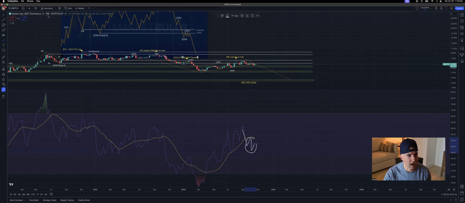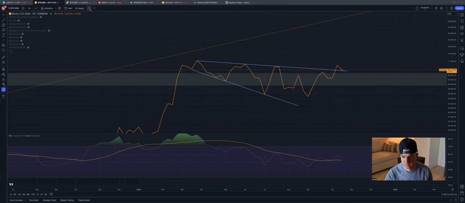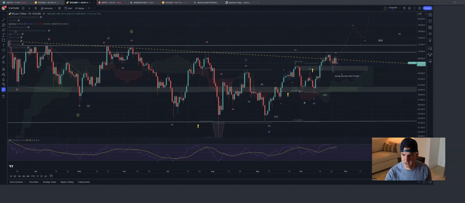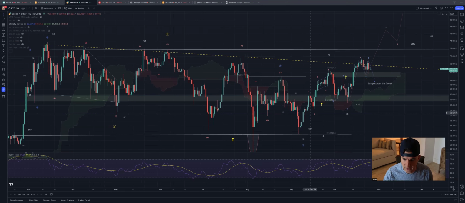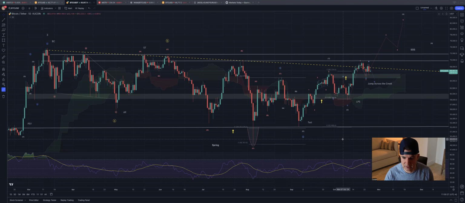So it's almost the opposite of what we see going on with the actual Bitcoin price chart, and that's just beautiful. So there you go. Multiple things are giving me confluence in terms of my ideas and my probabilities and why I'm so bullish on a major breakout coming next, in my opinion.